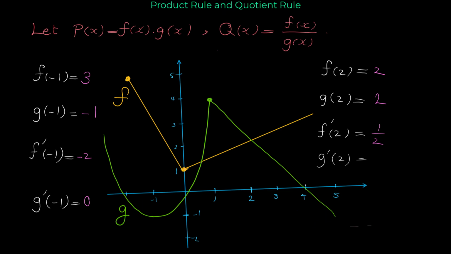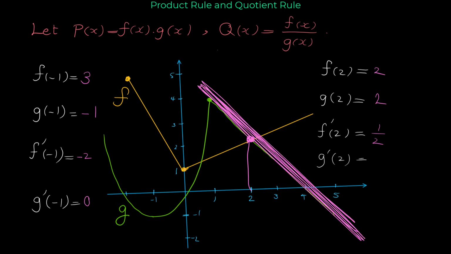Finally, we want to find g prime of 2. For function g, when x equals 2, we have this point here. And now we have to find a slope of this line, because this is for function g when x is 2.